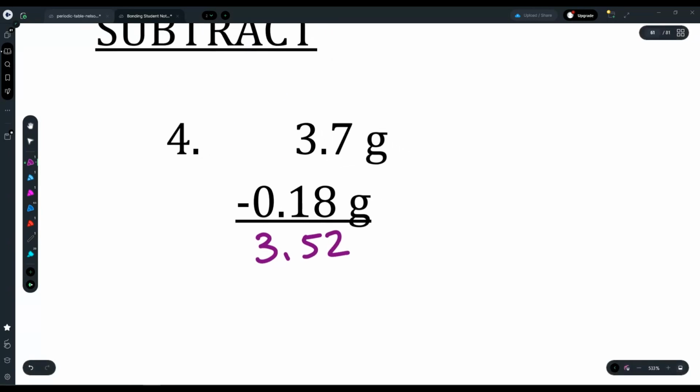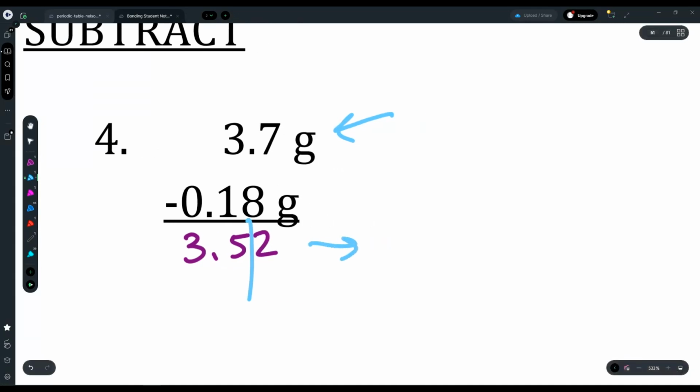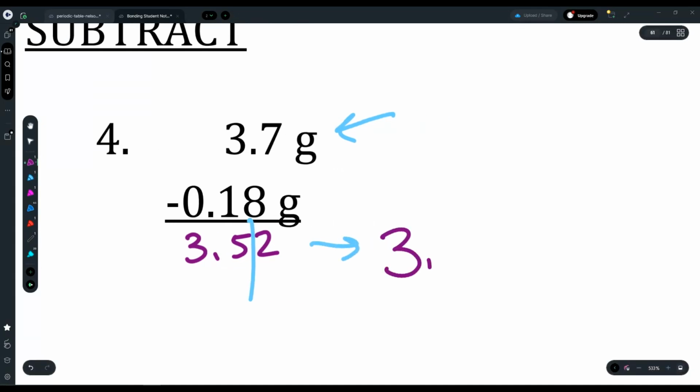Now again, we're going with the least precise measurement, or in other words, the number that has the least amount of digits after the decimal, which is 3.7, so our cutoff line is right here. So that means that this is going to be 3.5 grams.